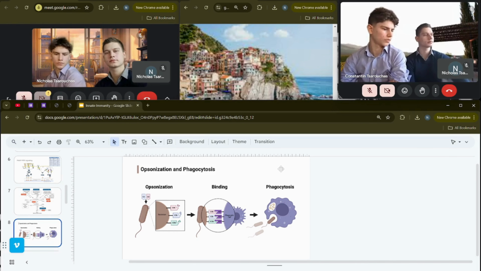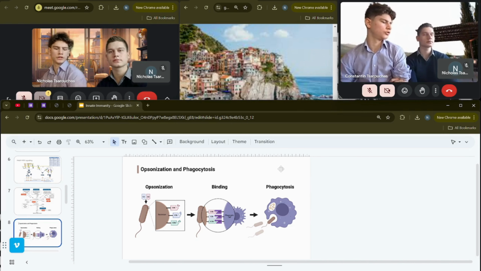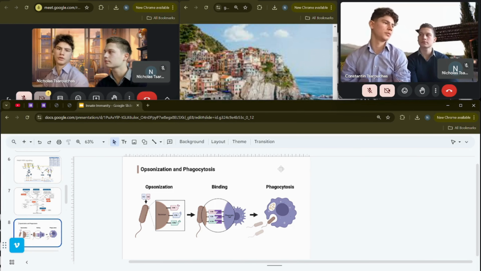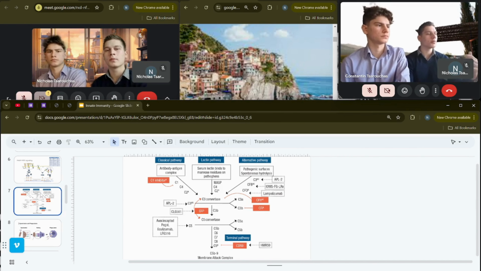Now, should we look at the deficiencies associated? Immune complex disease itself.